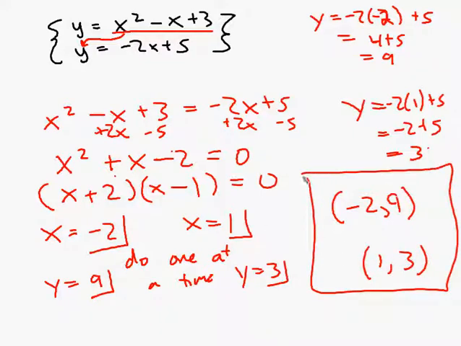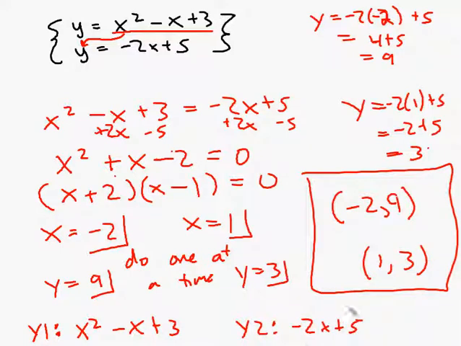If I graph this, which I would like you to go ahead and do on your calculator, in y1, put in x squared minus x plus 3. And in y2, go ahead and put in negative 2x plus 5. Make sure you have your standard view window, and do your g-solve and intersect.